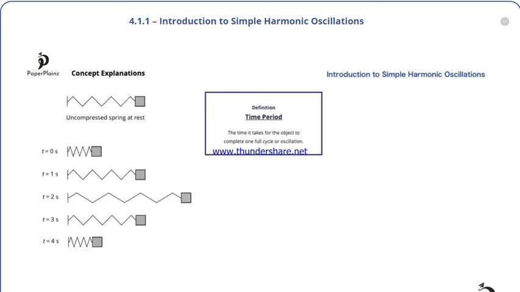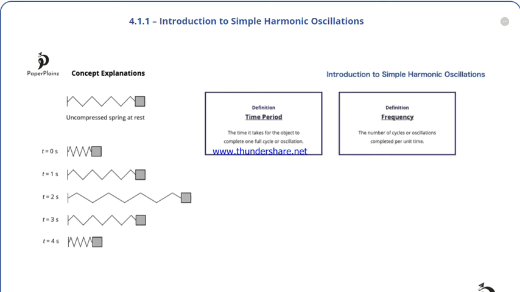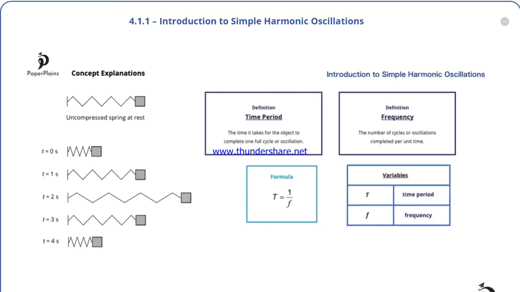Another related word here is frequency, which is defined as the number of cycles or oscillations completed per unit time, usually per second. This is the formula connecting time period and frequency, and for completeness, here are the variables. As we mentioned, the time period for this oscillation is 4 seconds.